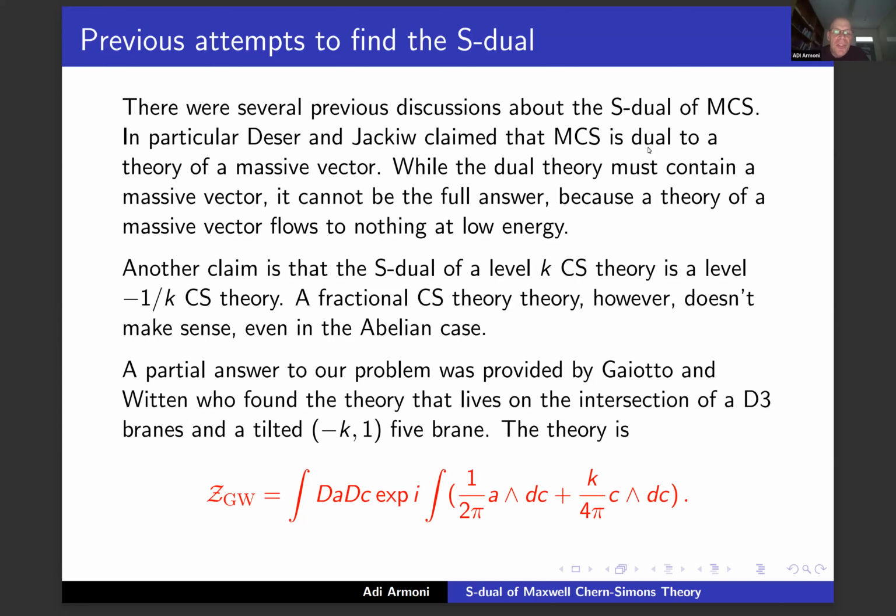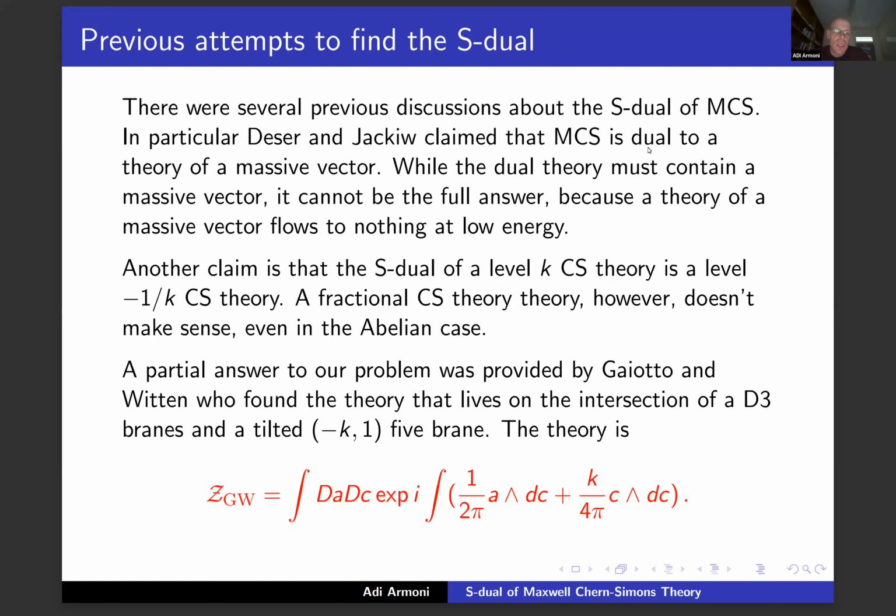So you're misled by the branes. And if you think about K as a coupling, then it is tempting to say that S-duality replaces K by -1/K. But that cannot be the answer because it doesn't make sense. A fractional Chern-Simons level is not gauge invariant. Even in the abelian case, a fractional Chern-Simons level cannot be correct.